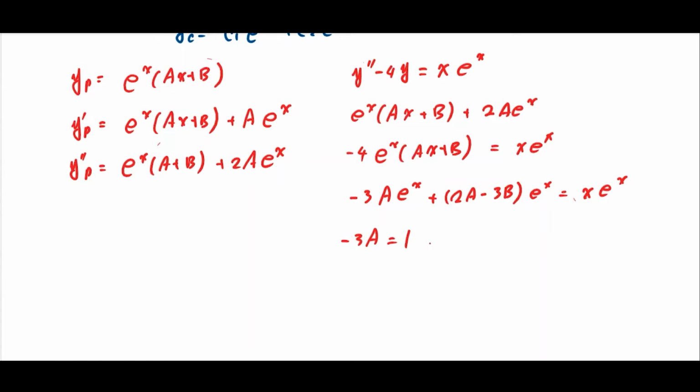And then what we have is 2a minus 3b is equal to 0. So here a is equal to negative 1/3, and then plug that in here. Too much algebra, so if I do it in my head, I'm pretty sure you can pull that off.